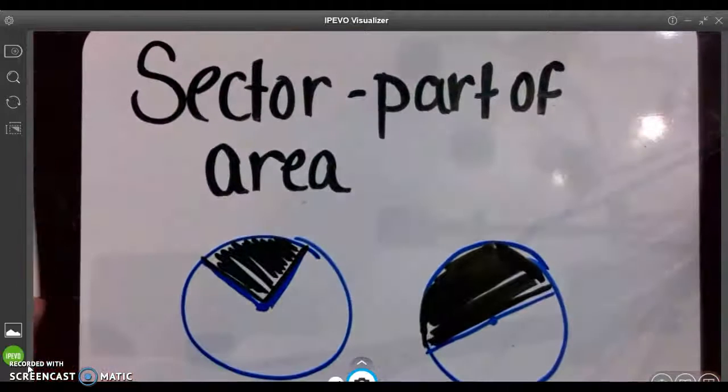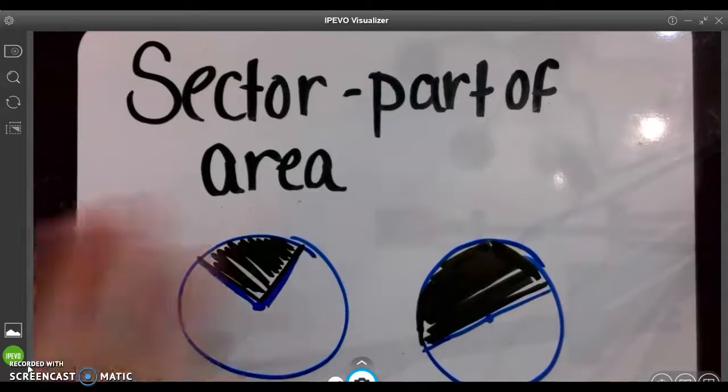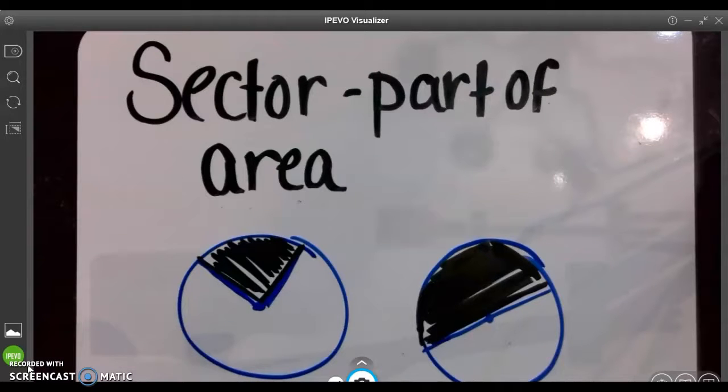Some new vocab to you is a sector. So just like an arc is part of the circumference, the sector is part of the area. So we're not talking about the entire circle, but we're talking about just a piece of it. So think of it as pie or pizza.